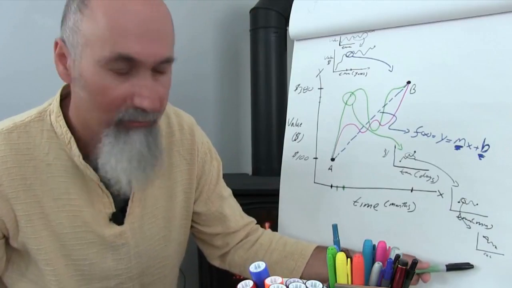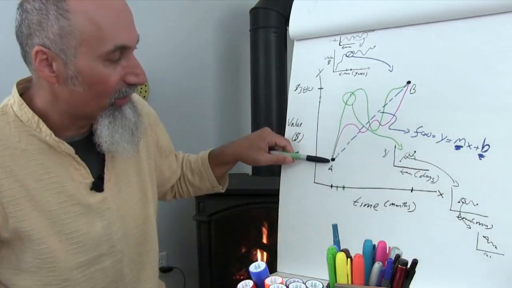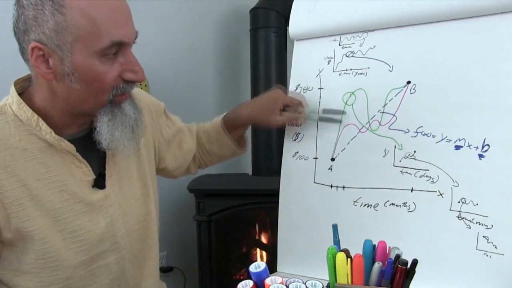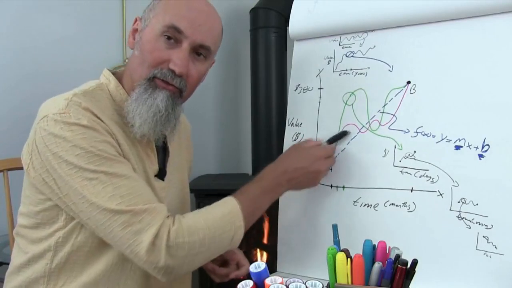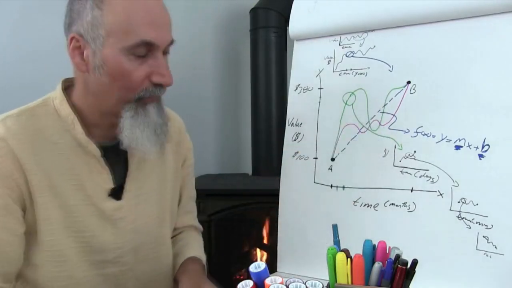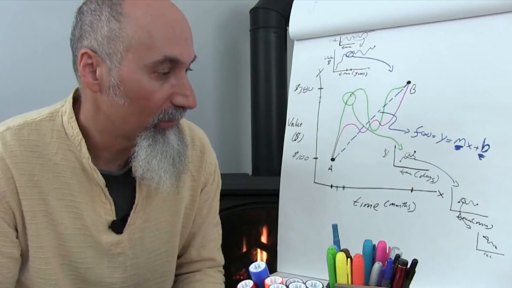There's a lot of algorithms just buying and selling the troughs and the peaks, right? They're constantly buying and selling, right?